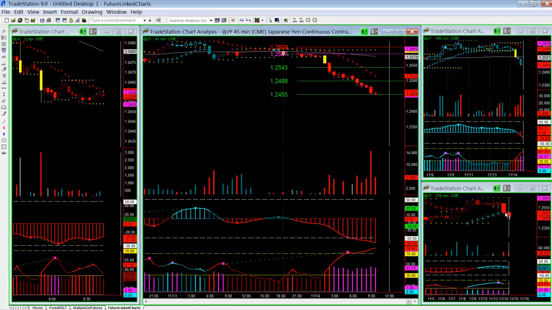That is one of the core principles of the ADX. As you see, it did pull back to the ATR. In fact, it broke the ATR. Okay, so this was a very simple, easy to identify trade.